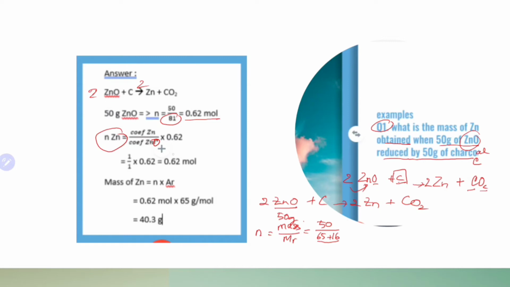The coefficient is 2 over 2, or 1, times 0.62, that is 0.62 mole. Then the mass of zinc is mole times Ar. The Ar is 65 gram over 1 mole. So the mass is 40.3 grams.